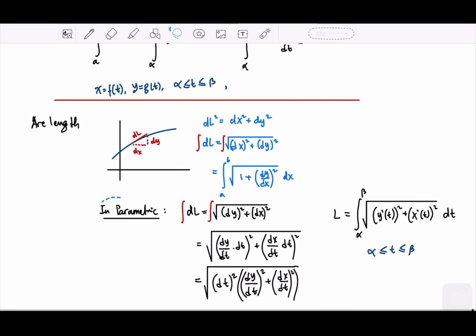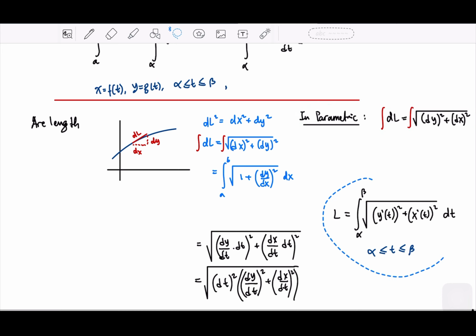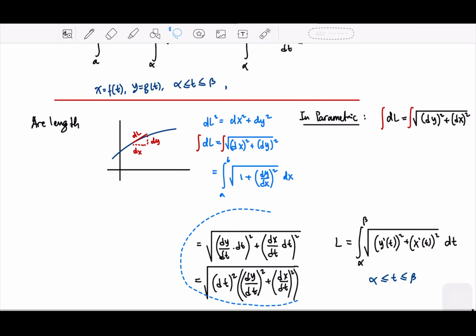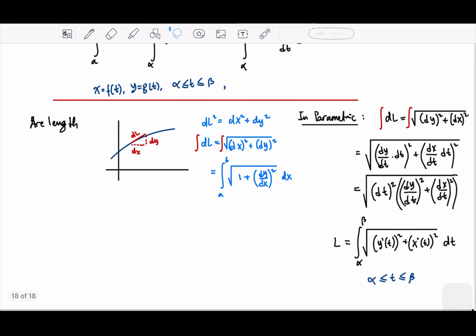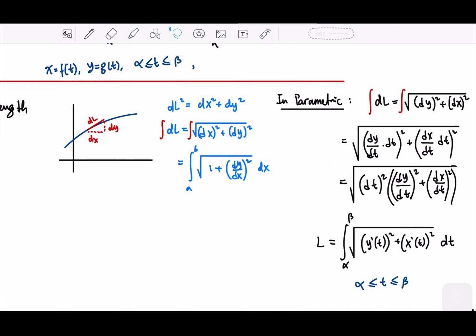I think I will move this part going here, this part going here, so this is better. So that's for arc length.